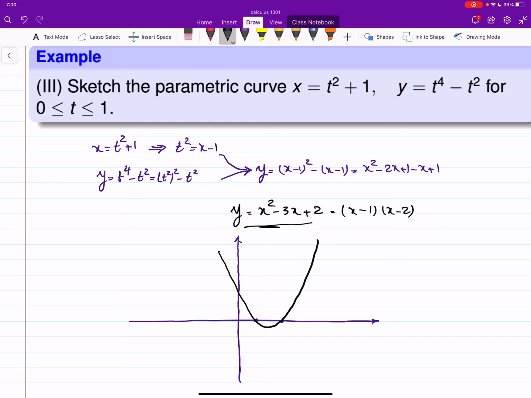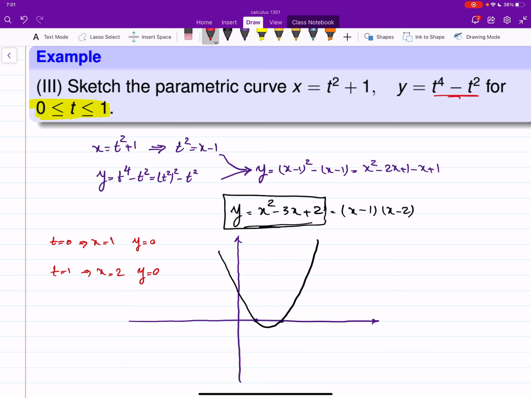Okay, well, that is the whole graph of this equation, but we have a restriction on the values of t. So for t equal to 0, x is 1 and y is 0. For t equal to 1, x is 2 and y is also 0. Yes, I was looking at this one.